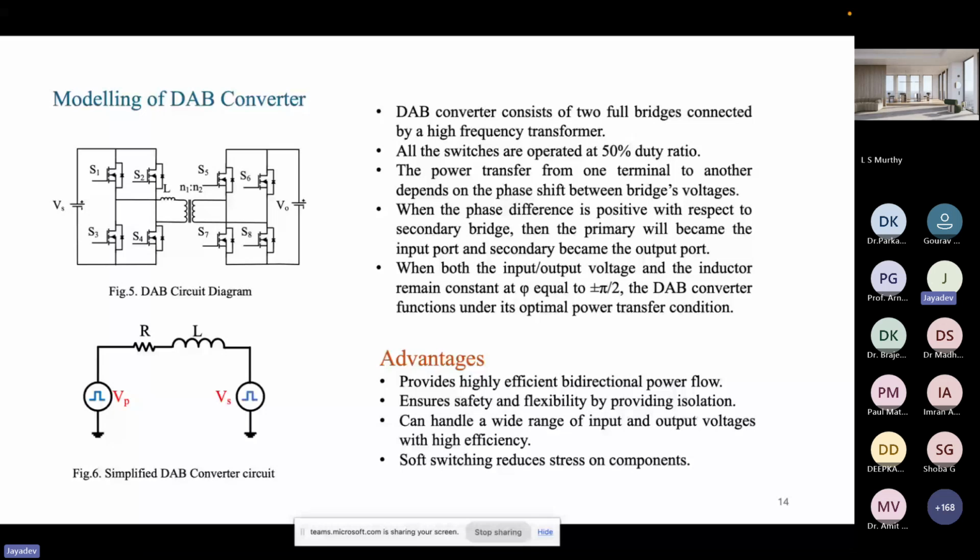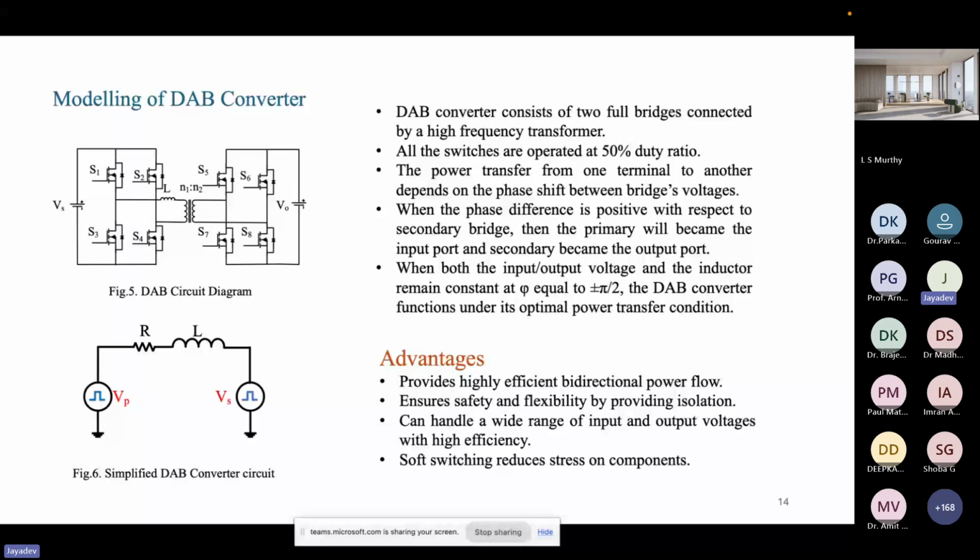You just change the phase shift between the primary and secondary bridge voltage, from lagging to leading or leading to lagging. That's it. From that alone you can transfer the power in both directions, so the power transfer becomes very efficient.